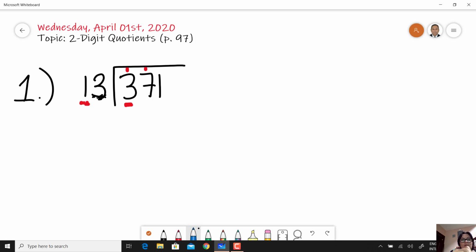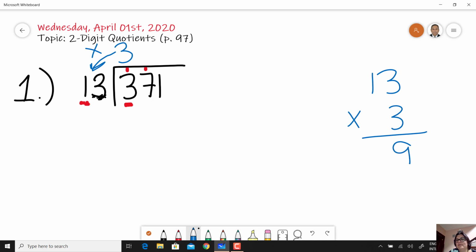Yes, right, because it's going to be 3 here. 3 times 1, 3. So now you have to multiply 3 times 13. Let's do it apart. 13 times 3. 3 times 3, 9, and 3 times 1, 3. Can you use 39 in here? No, right? Because 39 is greater than 37.